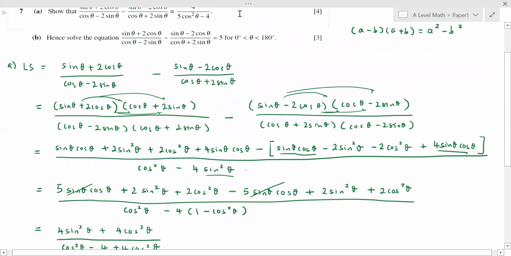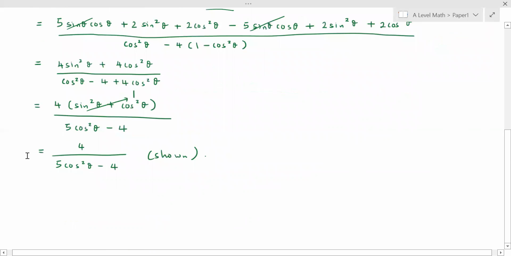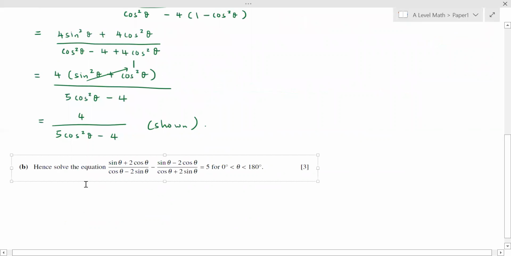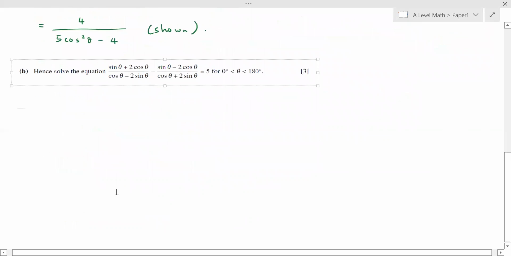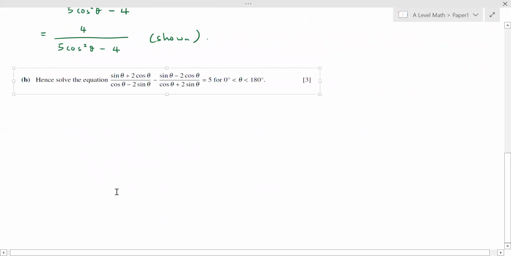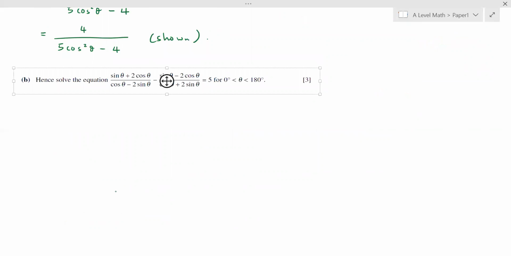For part B, you are asked to solve an equation. So for part B here, you need to solve the equation. This bunch of things equals 5. And the solution theta is in between 0 and 180 degrees. So your angle answer is either in quadrant 1 or quadrant 2.